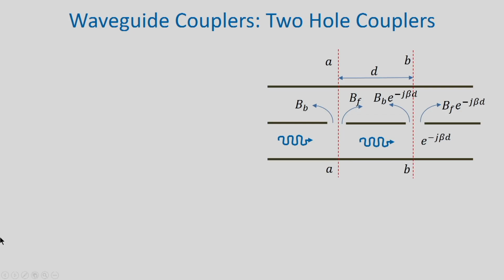For illustration purposes, we will consider here a two-hole coupler. So, in a two-hole coupler, as we can see, we have two waveguides stacked one over the other, and therefore, we have a common broad wall for both the waveguides, and we have holes made on this common wall.